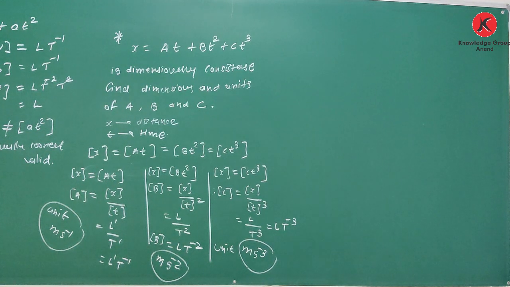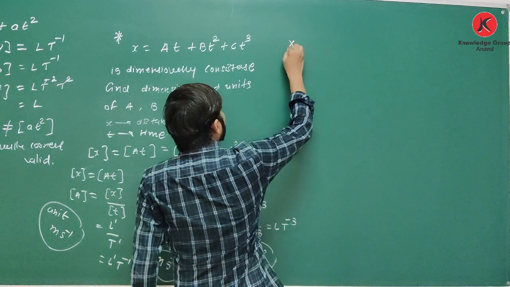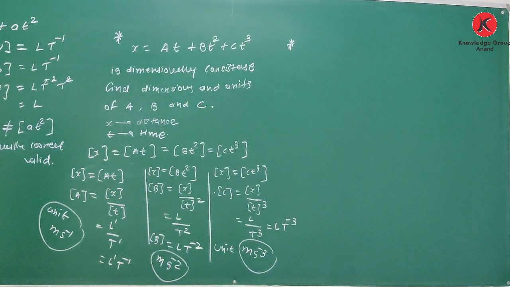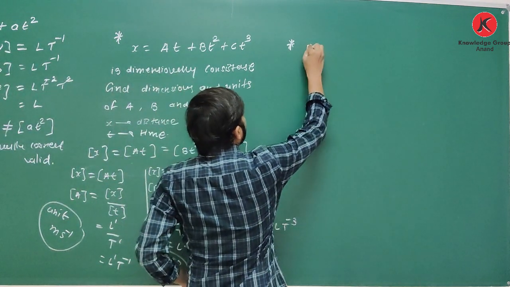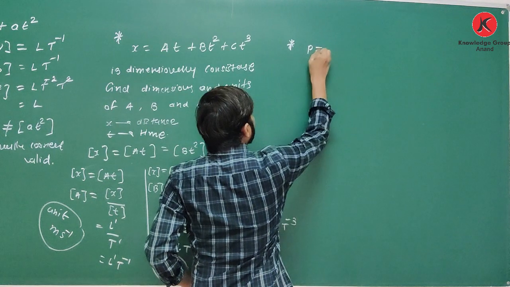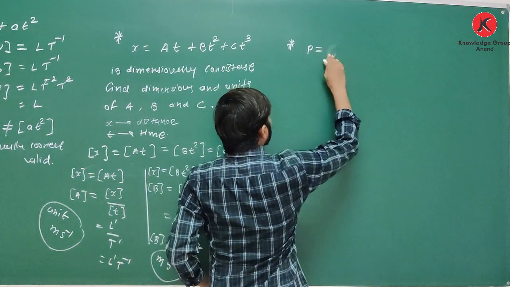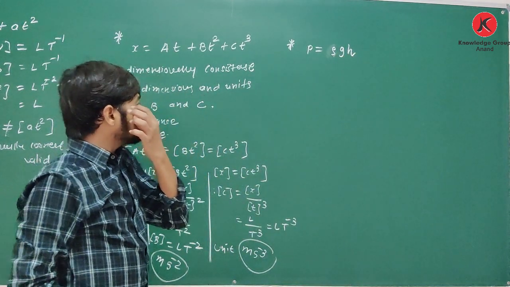Now we will see another example. For example, if I have an equation like this, P is equal to rho GH.